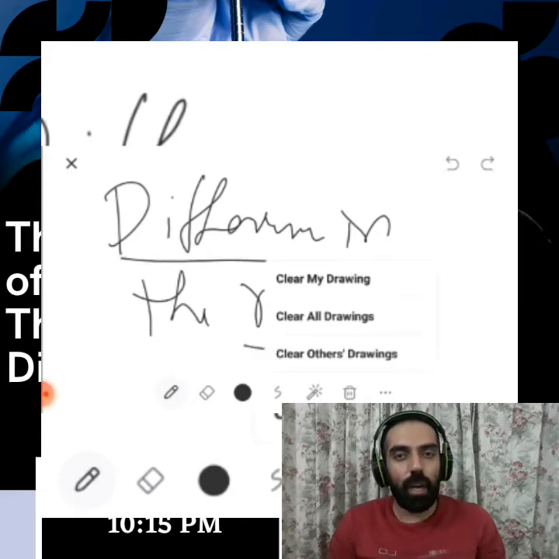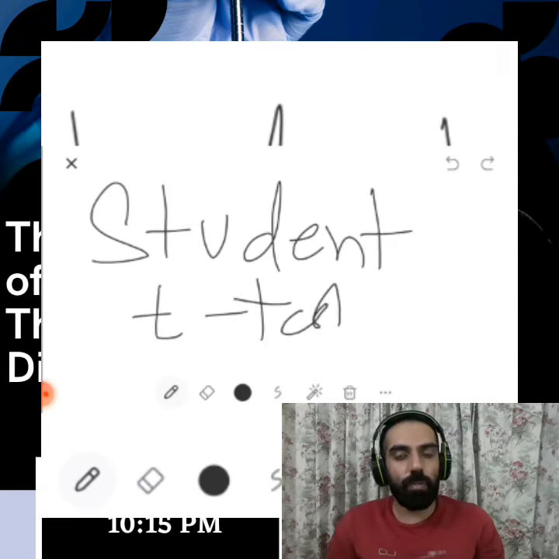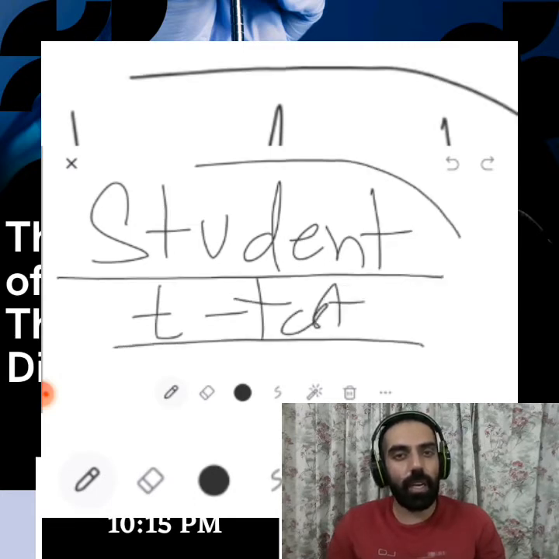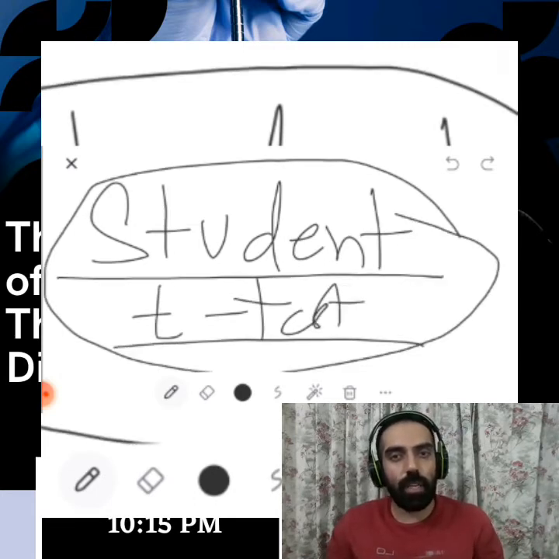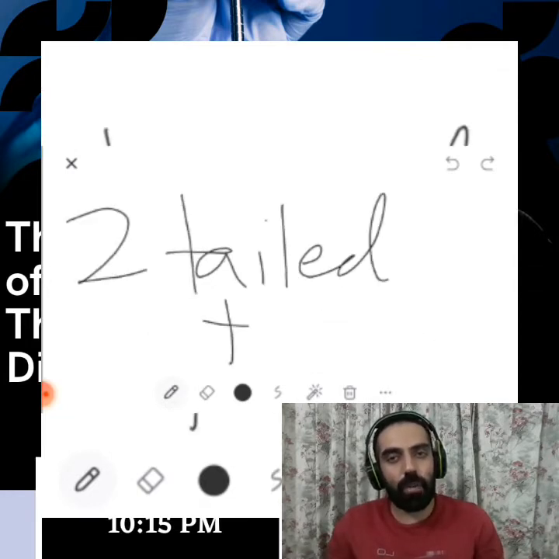Now you can either have a one-tail test, that is, for example, you're only going in one direction, which is most likely towards your right, not the right on the screen. Or you can have a two-tailed test.